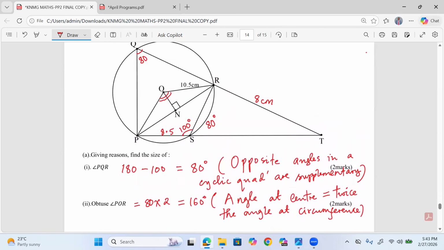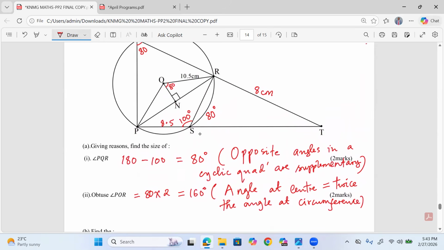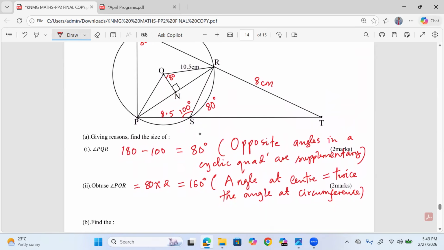You know, this angle can be found to be the angle here, because we have 160. This is 80 on its own. So we have an angle of 80, and we have a hypotenuse of 10.5, which is the radius. This is according to triangle ORN. So we can apply some trigonometry there.